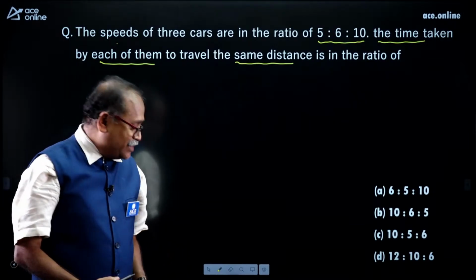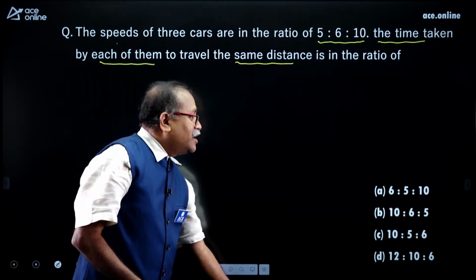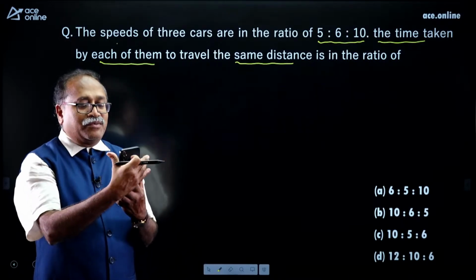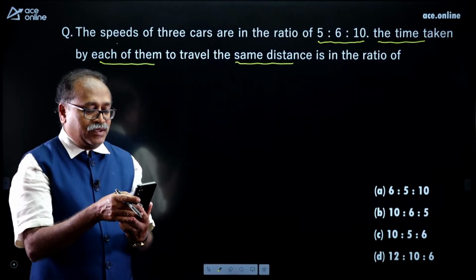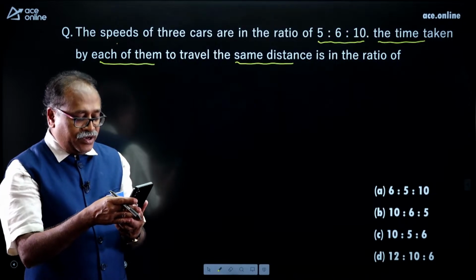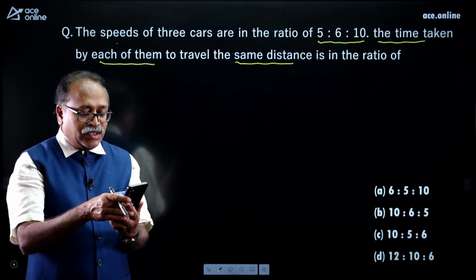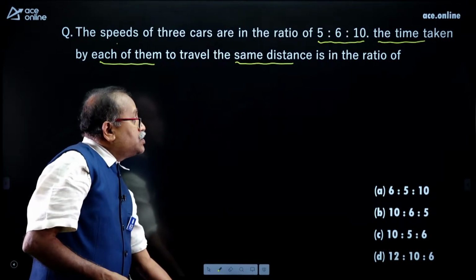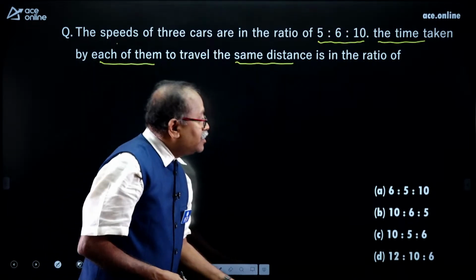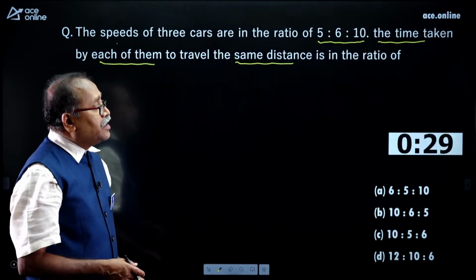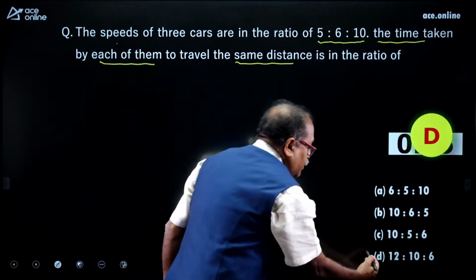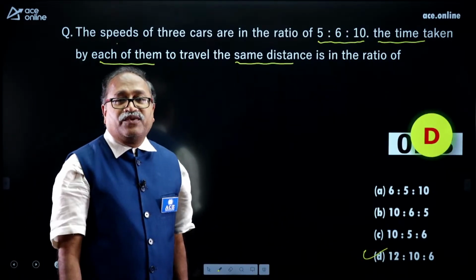When we have the speed ratio, we know how to find the time ratio, my dear friends. Come on. I am looking at your comments. Okay, that's good. Rightly, some of you have given the right answer, and you said option D. Yeah, that's right. Well done.